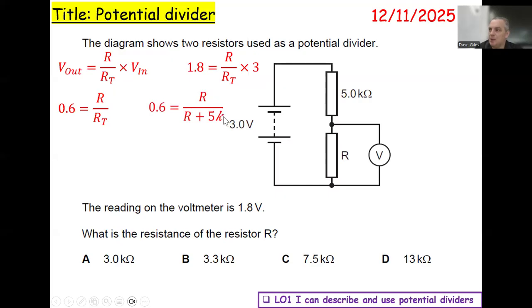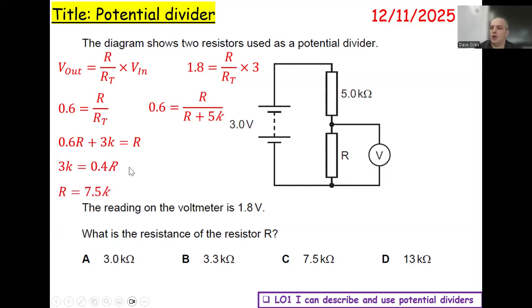I can then multiply both sides by R plus 5K, so I'm bringing this over to the other side. I get 0.6R plus 3K equals R. I then subtract 0.6R from both sides to get 3K equals 0.4R. Divide both sides by 0.4 and I get 7.5K.